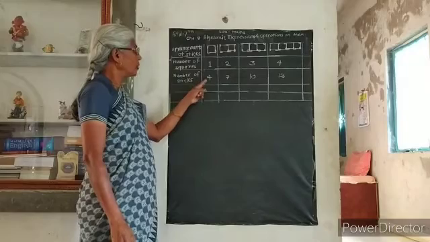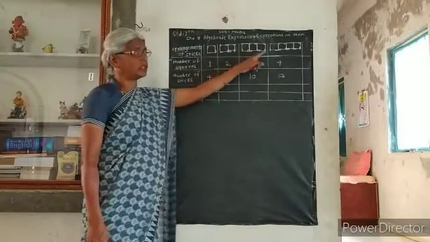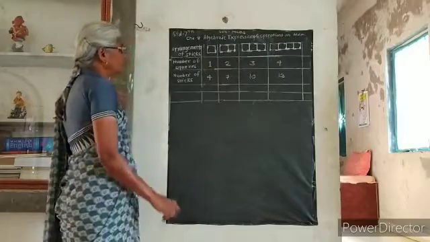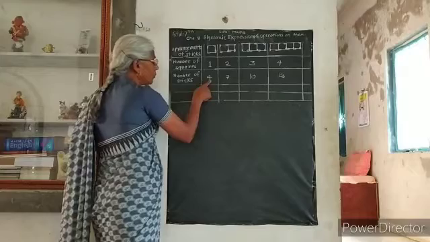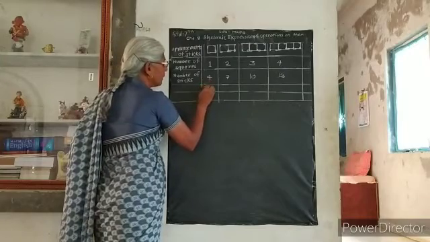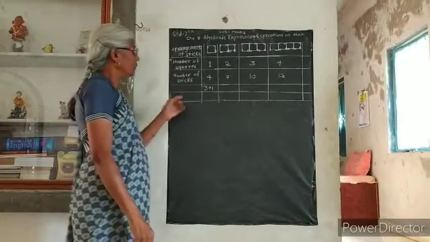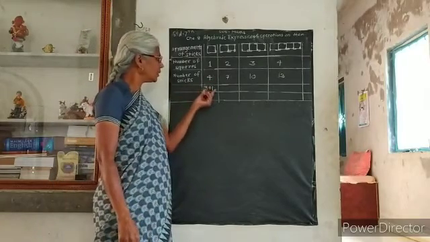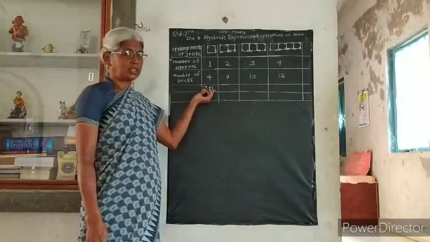We write the number of sticks necessary to make these pictures. Then the number 4, we write in this manner: 3 plus 1. The value of 4 remains constant, but only the writing method is changed.